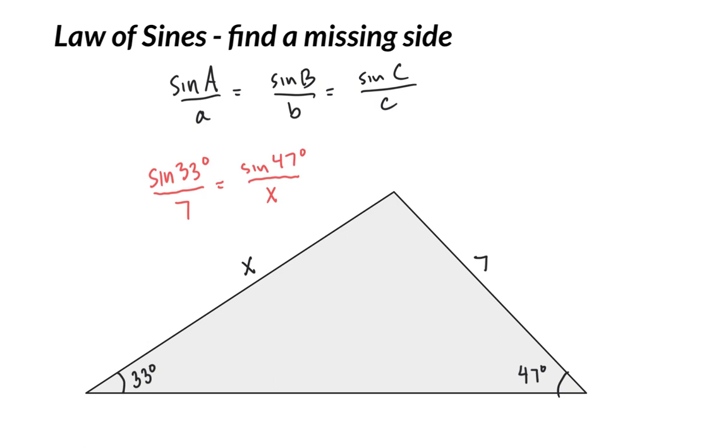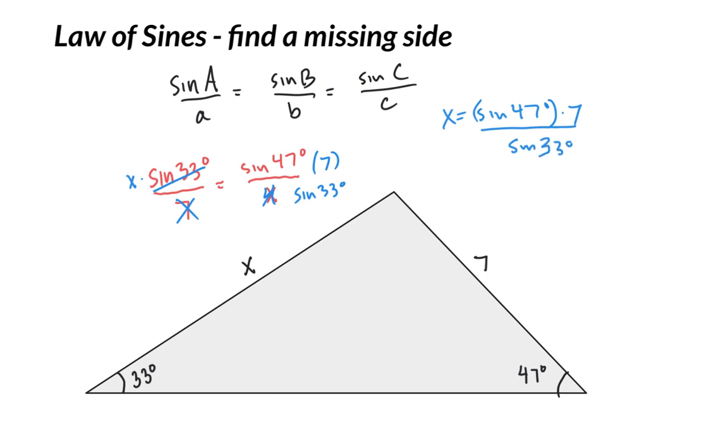What I mean by that is we could cross multiply and say, this side would get multiplied by 7. That is, multiply both sides by 7. This side would get multiplied by x, like that. And then since we're solving for x, we could divide both sides by the sine of 33. So you'd have that x is equal to the sine of 47 degrees times 7 all over the sine of 33.